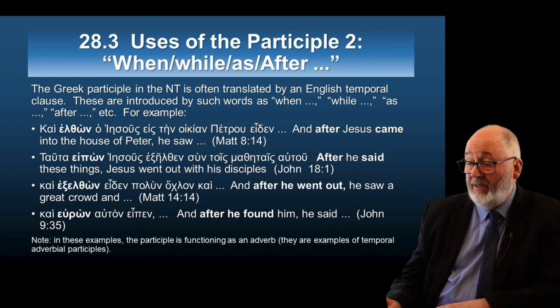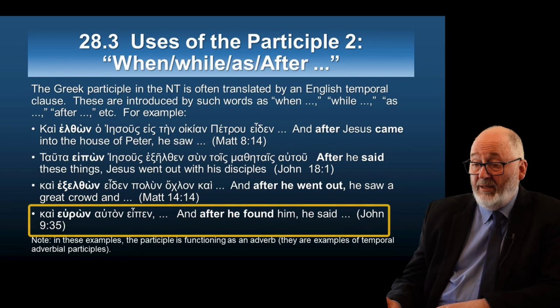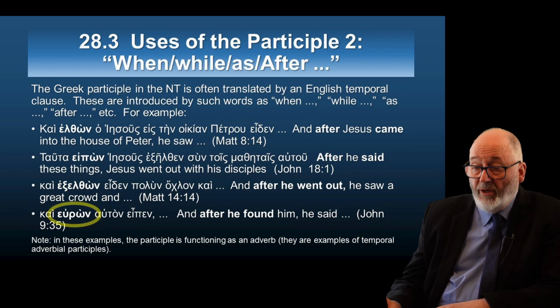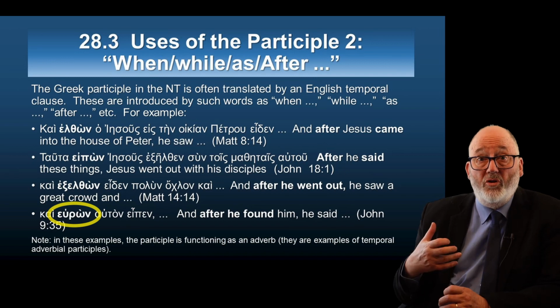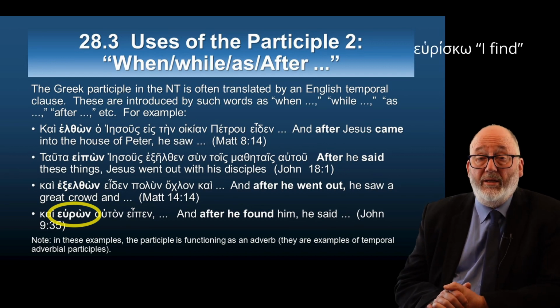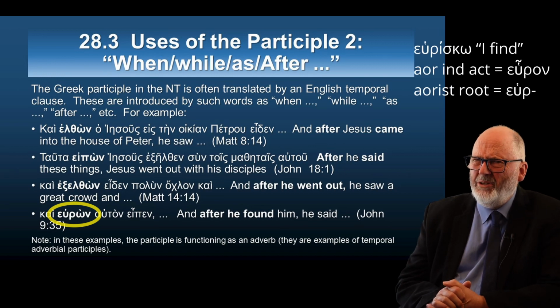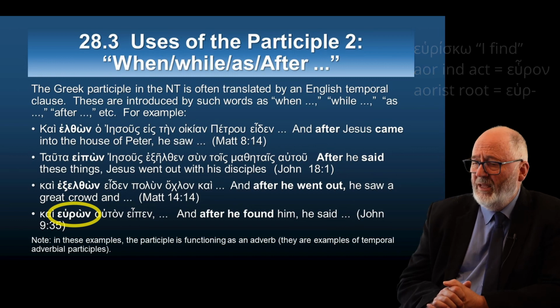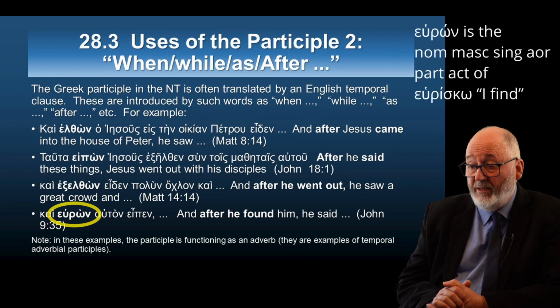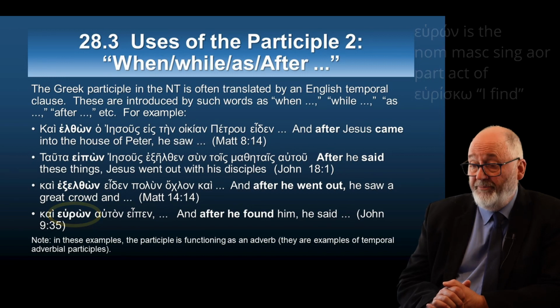Our last example here is from John chapter 9. Kai heuron auton eipen. Heuron is from heurisko, which has an irregular aorist indicative of heuron. Again, we need to know our irregular aorists, don't we? It's the nominative masculine singular aorist participle active of heurisko.